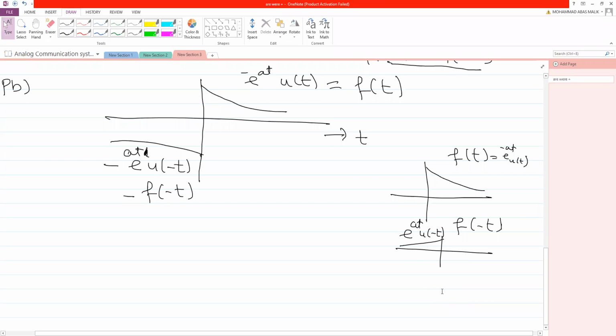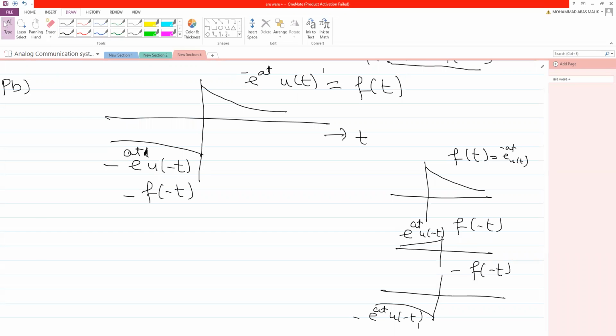Now there will be amplitude reversal. This will be minus f of minus t. Minus t is just time reversal, then minus f of minus t is amplitude reversal. So you will get e raised to the power minus at u of t minus e raised to the power at u of minus t.